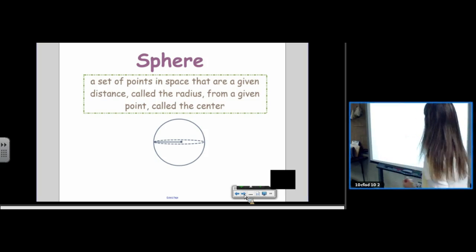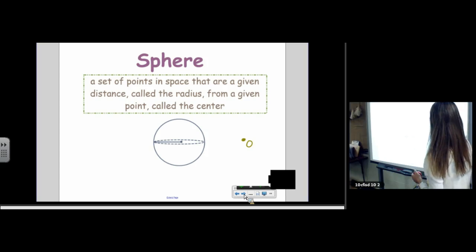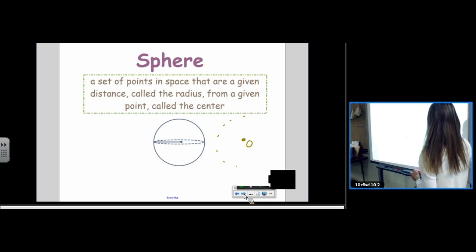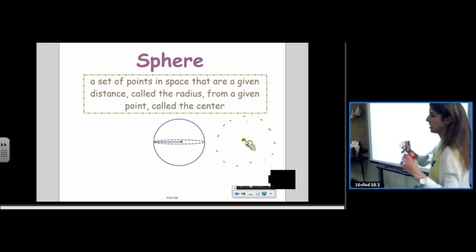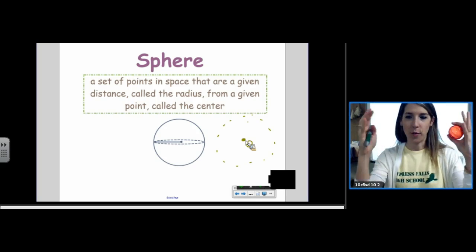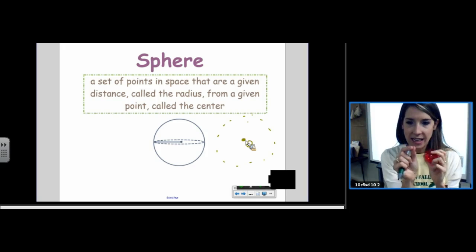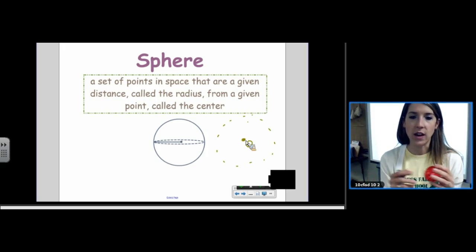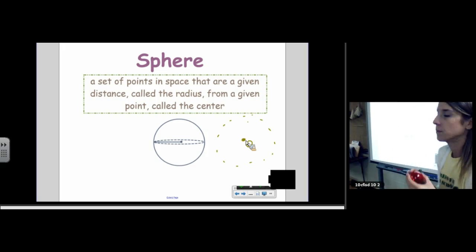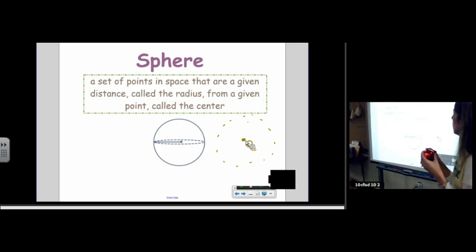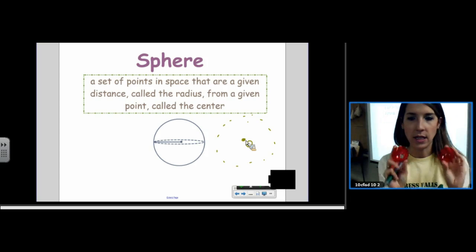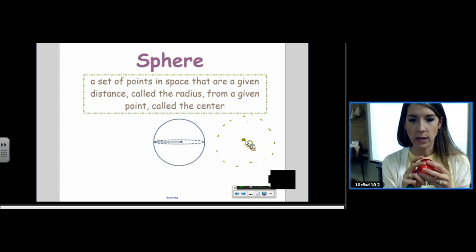So if you took a point and you decided that that is your center, it's usually called O, then all the points in all three dimensions, every point that's equidistant from that center forms your sphere. Set of points, given distance from a given point.